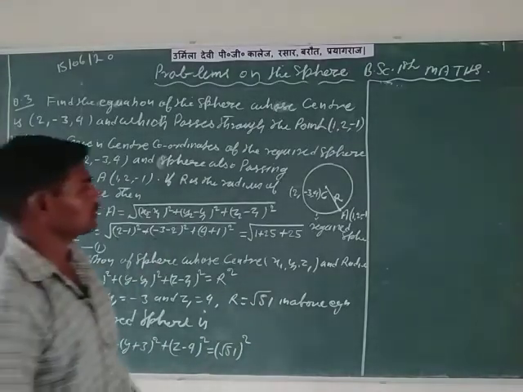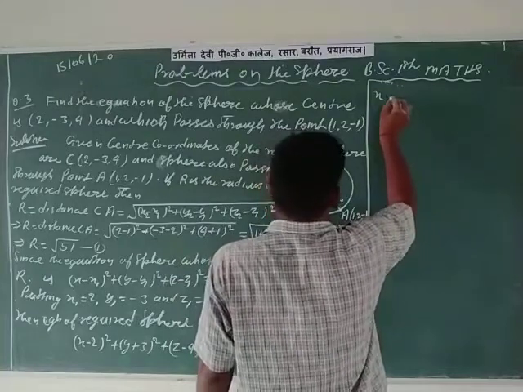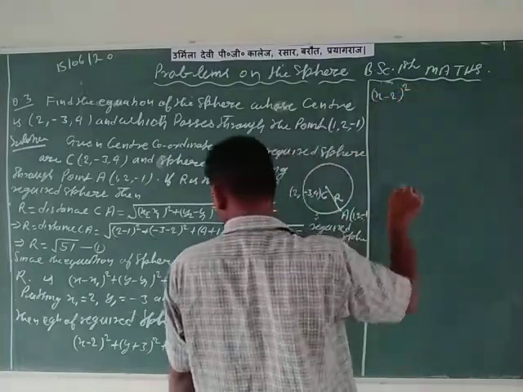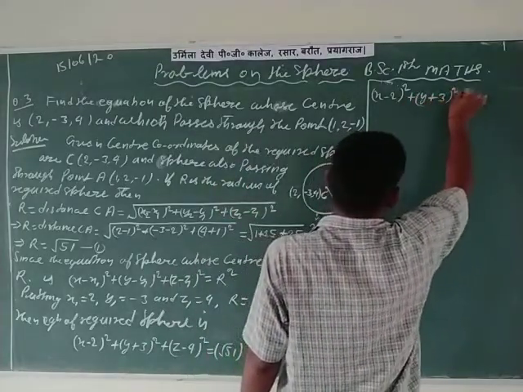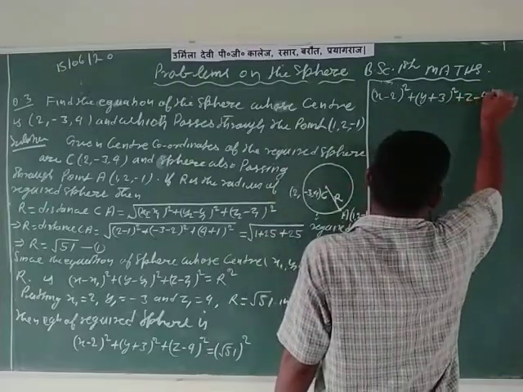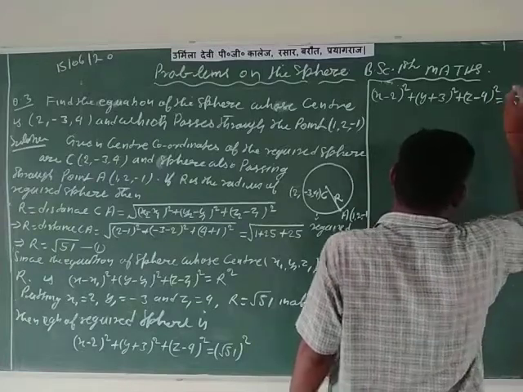Simplify the equation: (x minus 2) whole square plus (y plus 3) whole square plus (z minus 4) whole square is equal to 51.